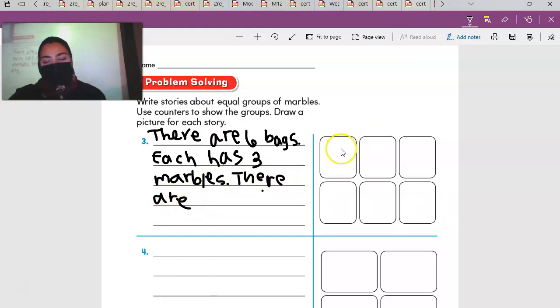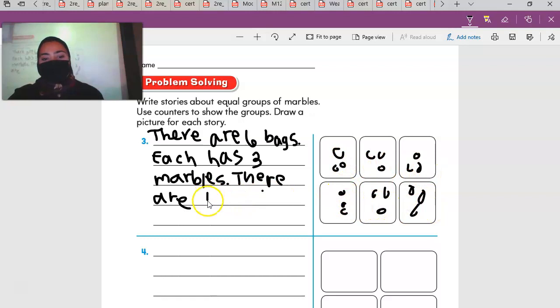And she put 3 in each one. So 1, 2, 3, 1, 2, 3, 1, 2, 3, 1, 2, 3, 1, 2, 3, 1, 2, 3. 3, 6, 9, 12, 15, 18. So there are how many in all? 18 marbles.